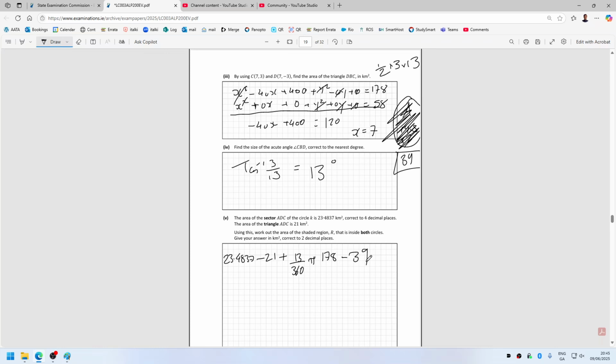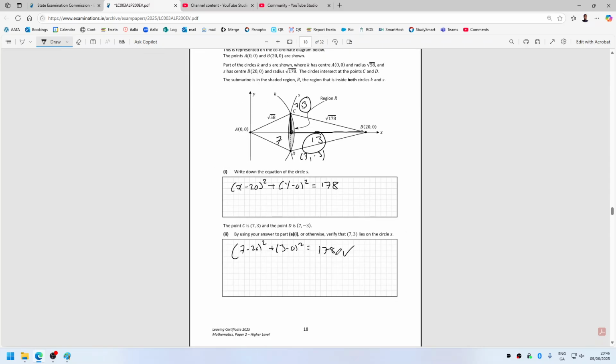Hang on. 23.4837 minus 21. So this piece on the left is 2.4837 plus, oh, no, 13 divided by 360 times pi. Oh, my 39 is too big, I think.